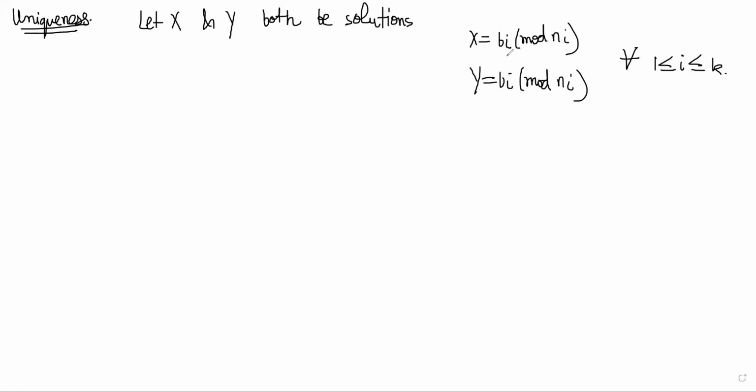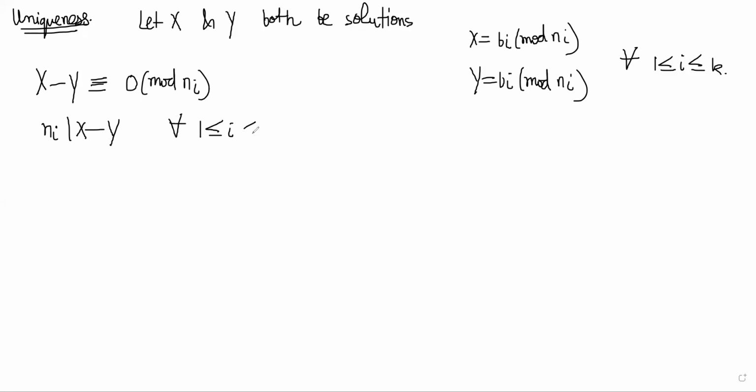There will be k equations in each. Then we can immediately say x minus y is congruent to 0 mod ni, and that ni divides x minus y for all i. So also the capital N divides x minus y.